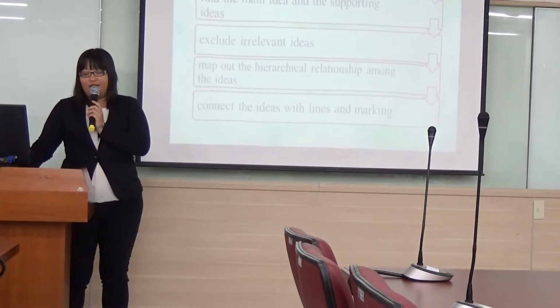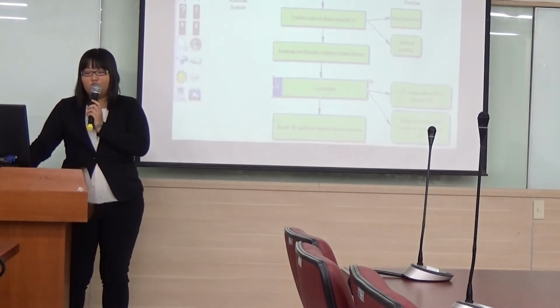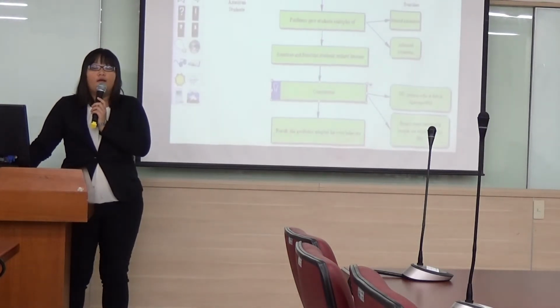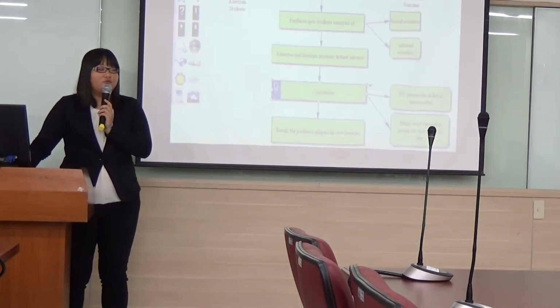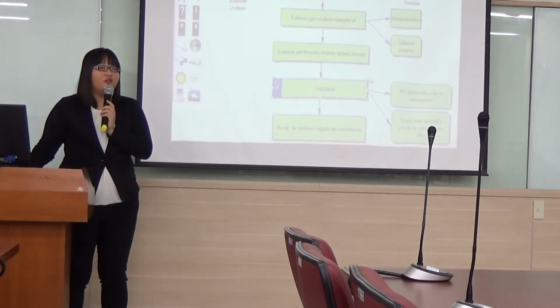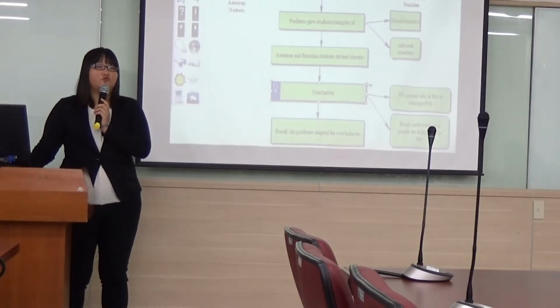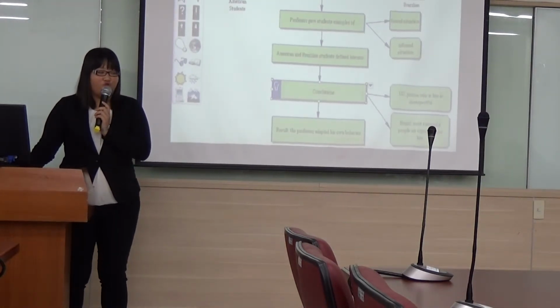Finally, connect the ideas with lines and markings. Concept mapping software program: the author used this experiment software. It is used in combination with the notion of concept mapping to help students with English reading.